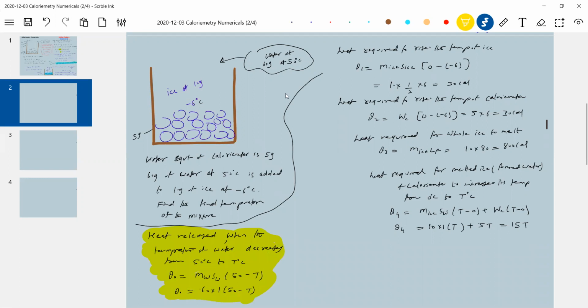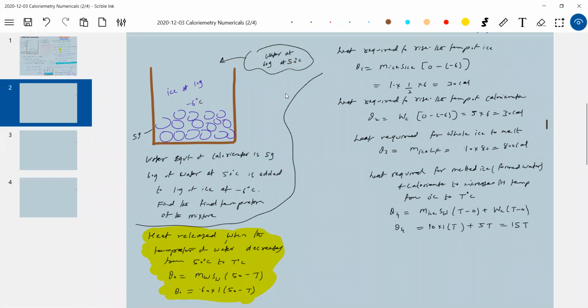So how do you say that the temperature will be greater than 0? If the temperature of water falls from 50 to 0, how much heat is available? 3000 calories. But how much heat is needed for this process 1, 2, 3 to occur? Only 860. So therefore, the temperature of water need not fall from 50 to 0; the final temperature will be somewhere greater than 0 degrees.